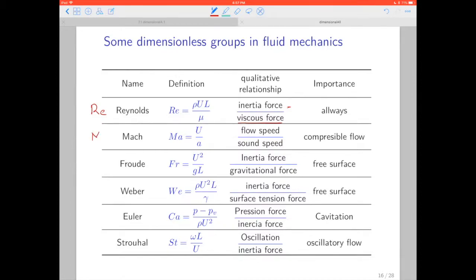Another number is the Mach number. Usually we have it as M or MA. The Mach number is the flow speed divided by the speed of sound in the media that we are in. So if, for example, the velocity is supersonic, that means the Mach number is bigger than 1.